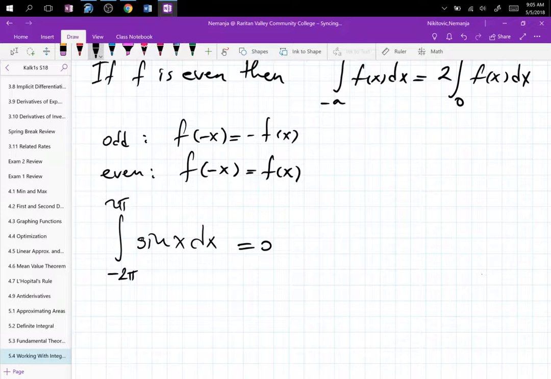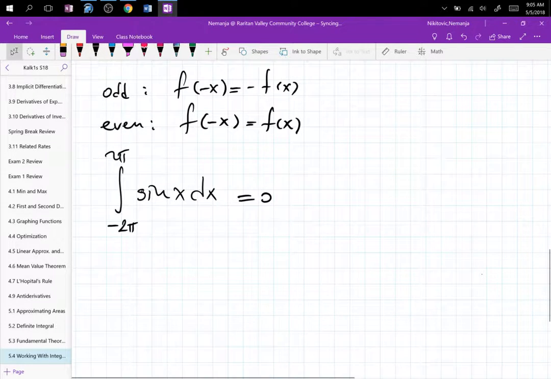We did a similar problem with the sine and got the 0 and then learned how to fix that if they are asking for area. But as far as computing integrals goes, as long as you have an odd function on a symmetric interval, the answer is 0. And we know that we do have a symmetric interval in the case of negative 2 pi and 2 pi.